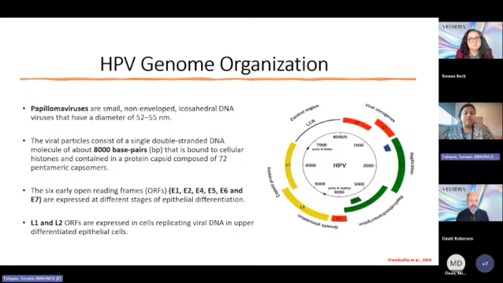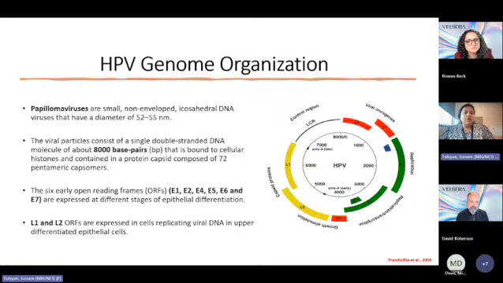They have 8 genes, 6 early genes and 2 late genes. The early genes are responsible for replication and transcription, whereas the 3 early genes, E6, E7, and E5, act as viral oncogenes. The late genes are involved in capsid protein formation.